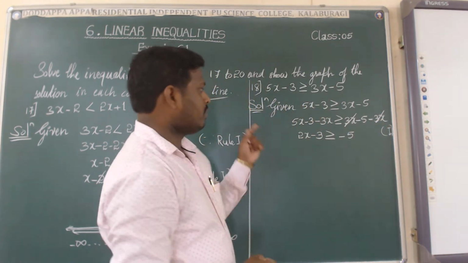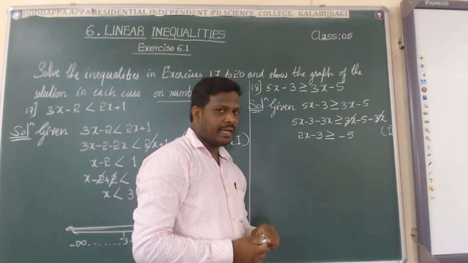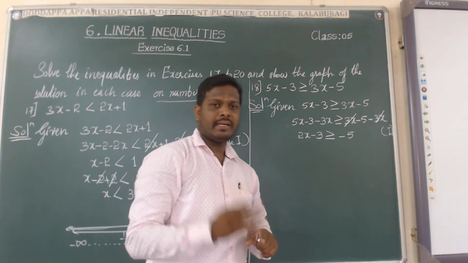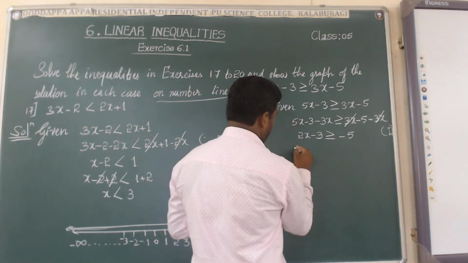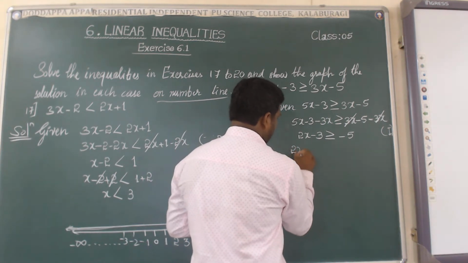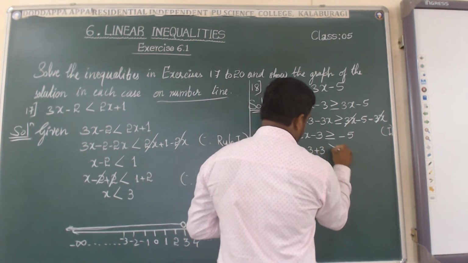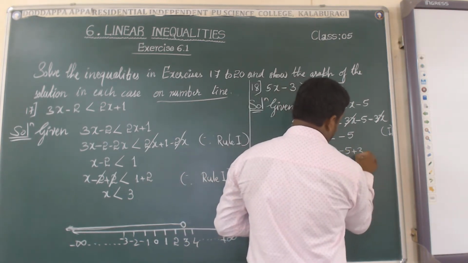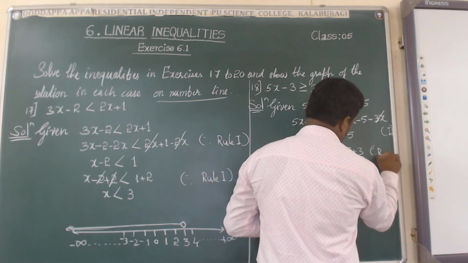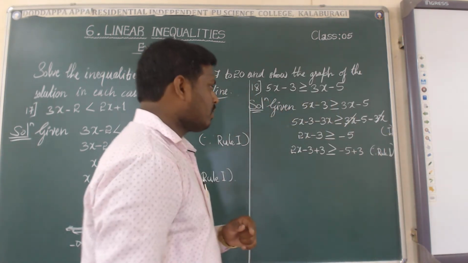Now I wish to remove the minus 3 from LHS side. So what we do here again, we have to add both sides by 3 value. That is 2x minus 3 plus 3 is greater than or equal to minus 5 plus 3, because I am using the rule first one again.